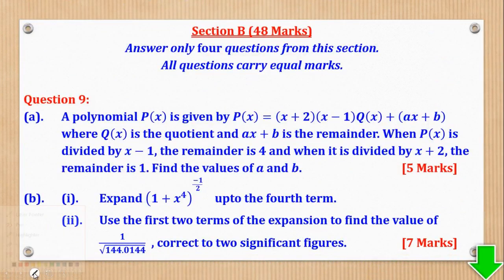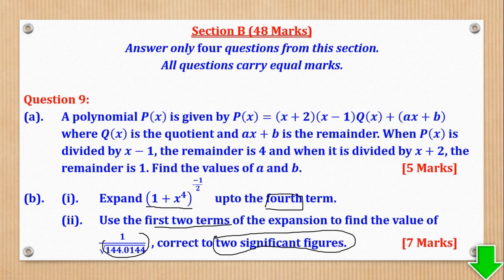Part B, Roman 1, expand this up to the 4th term. Then Roman 2, use the first 2 terms of the expansion to find the value of this, correct to 2 significant figures.